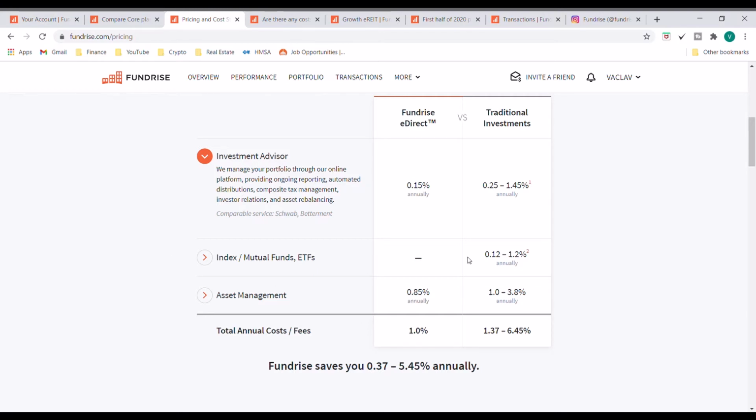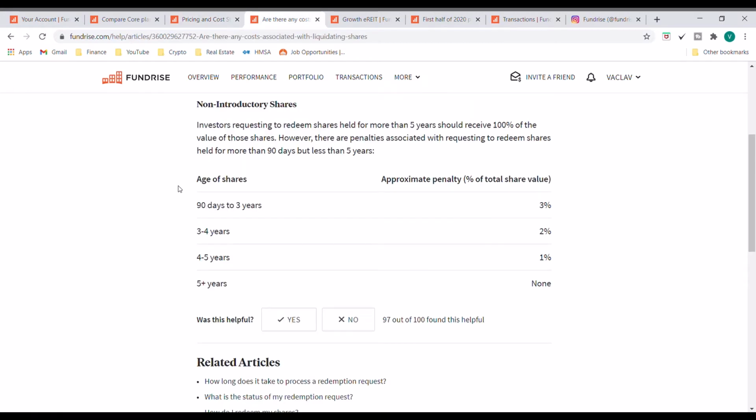Next thing, and that's I guess the most important thing, that's the cost associated with taking out the money. So it might seem harsh, but let me explain. So if you invest and you invest for less than 5 years, there will be a certain percentage taken out of the money that you take out.